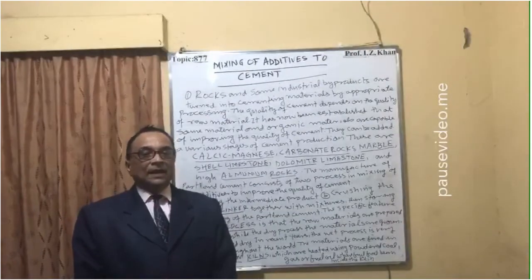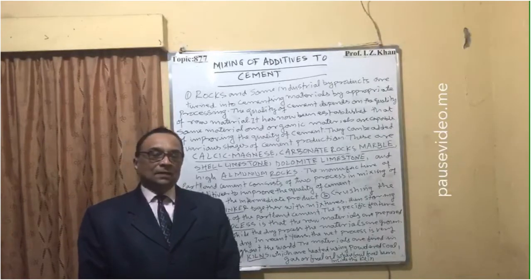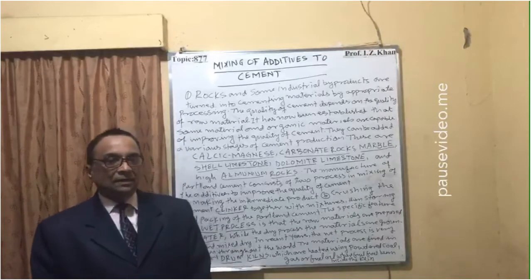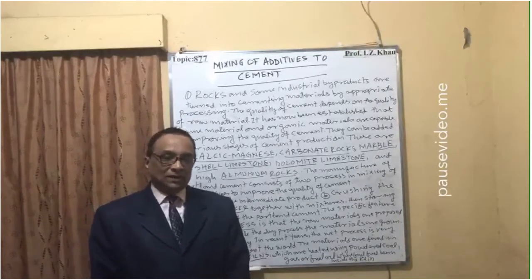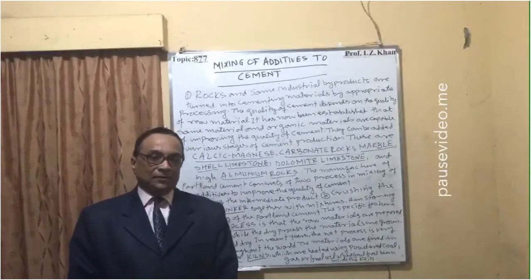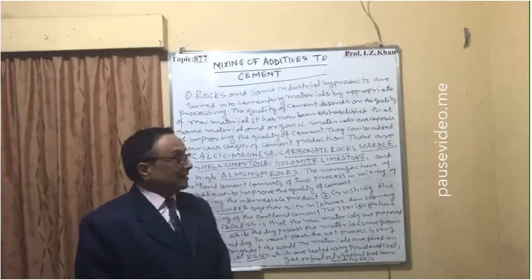Here I am discussing the mixing of additives in cement, and this process is done to improve the quality of cement by the addition of different types of mineral rocks, and they are given here.